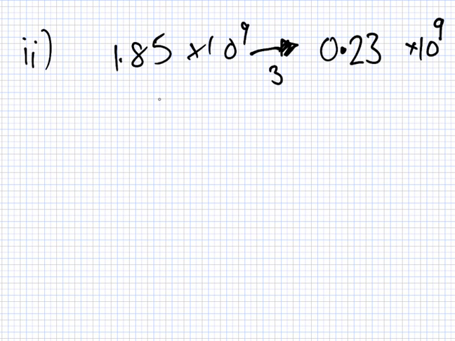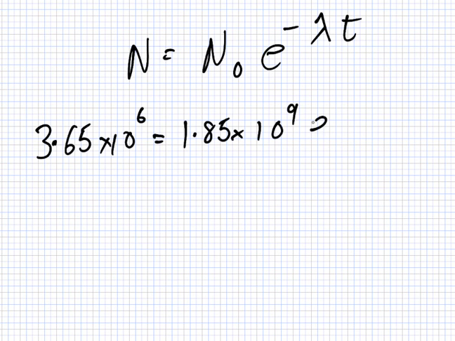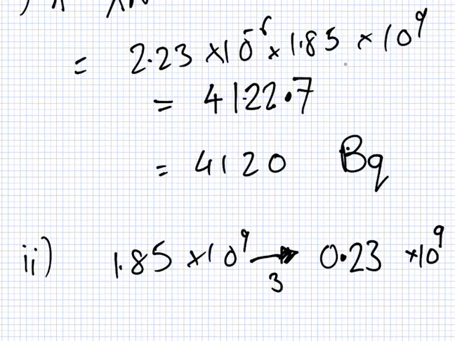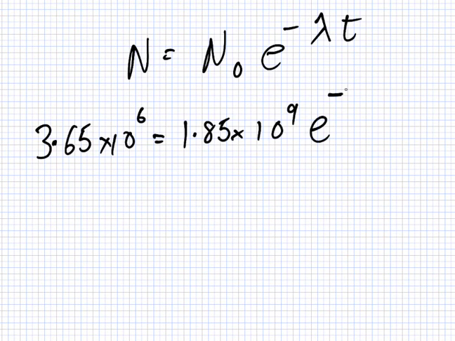So, N equals N0 e to the minus lambda t. 3.65 times 10 to the 6 equals 1.85 times 10 to the 9 e to the minus, what was my decay constant? It was 2.23 micro. 2.23 times 10 to the minus 6 t. And we want the t.